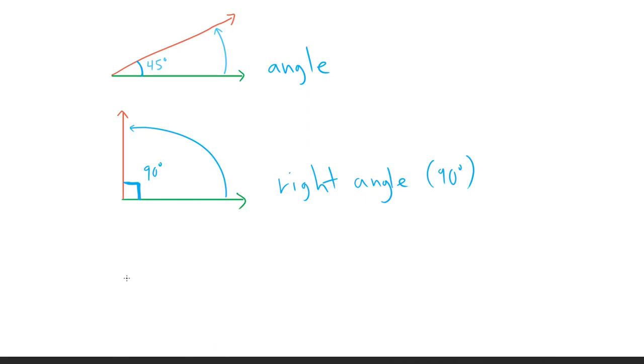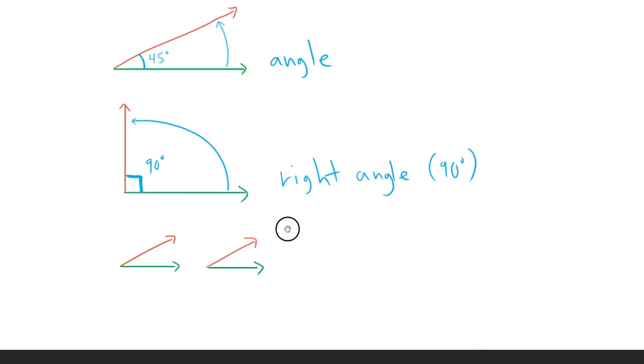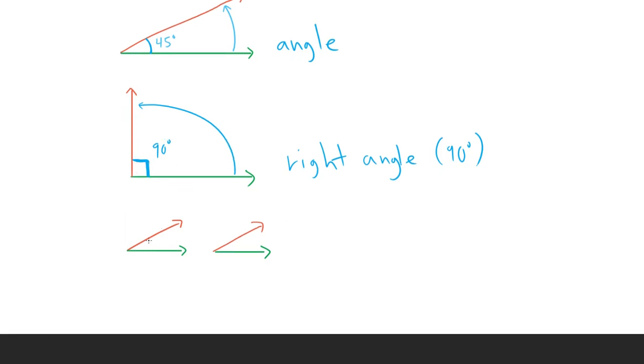And another thing I have to teach you guys is, okay, draw some more angles here. Draw this angle here, draw another angle here. All right, so there's something called congruent angles.